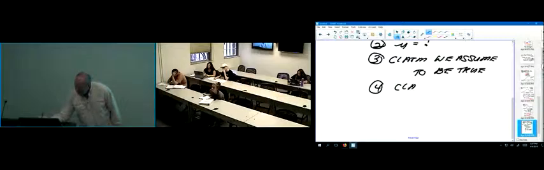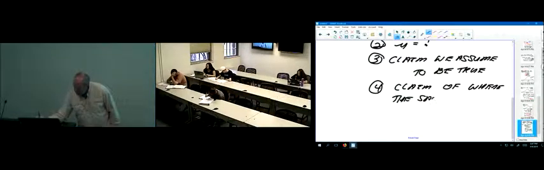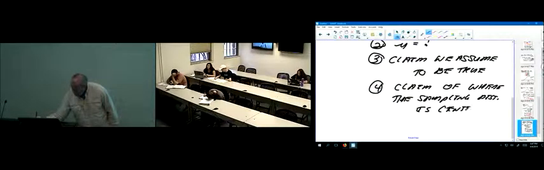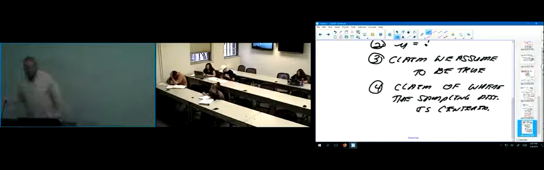It's the claim of where the sampling distribution is centered. If it's a claim of mu equals something, well, then your sampling distribution is going to be centered at whatever that mu is. If mu is 20, if mu is 72, mu is 3,000, it's telling you where that sampling distribution is centered.